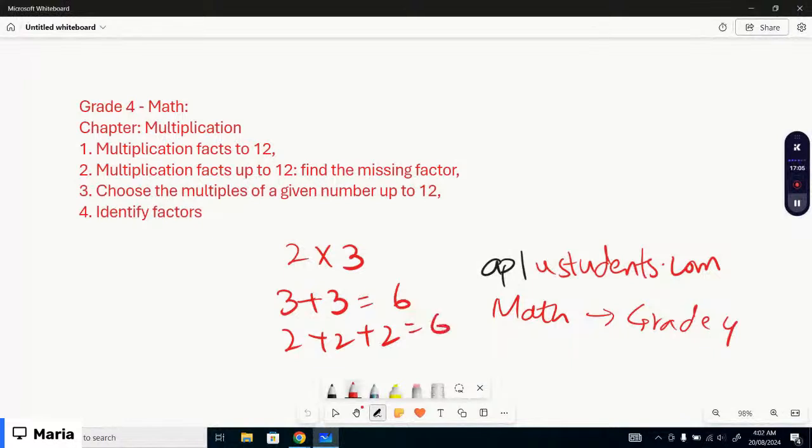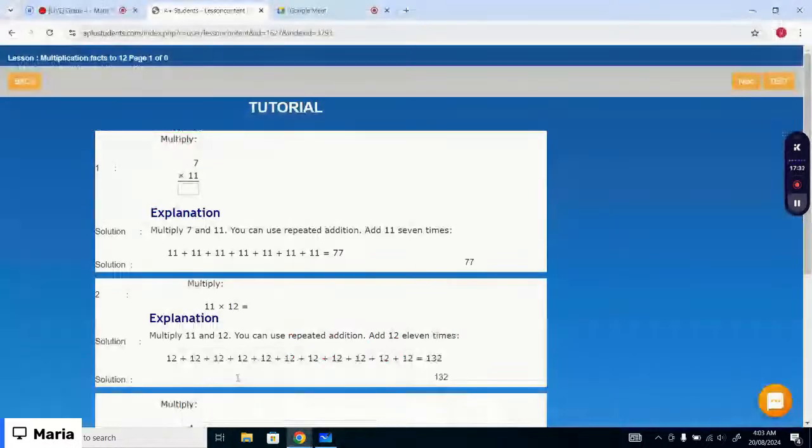Either you add repeatedly or you multiply, the concept is the same. For smaller numbers it is okay, like 2 times 3, you can add 3 plus 3. But for larger numbers, three-digit and four-digit numbers, it is not possible to do addition again and again, so there you need the concept of multiplication. Got it? So let's start with the example, 7 times 11.